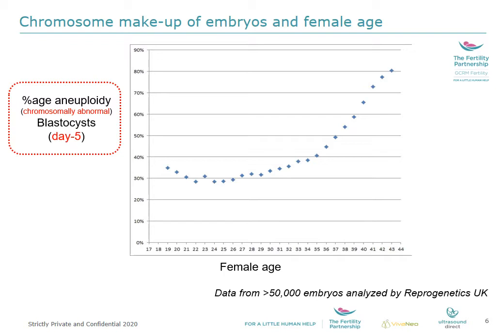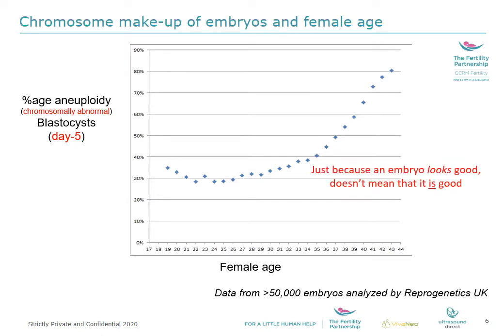So if an embryo stops developing before the day 5 stage, it will be universally abnormal and it won't implant. So what we see here is that as a woman gets older, the rate of chromosomally abnormal embryos rises exponentially. And the point of this is that these embryos look good, they've made it to the blastocyst stage, and yet they are still chromosomally abnormal.